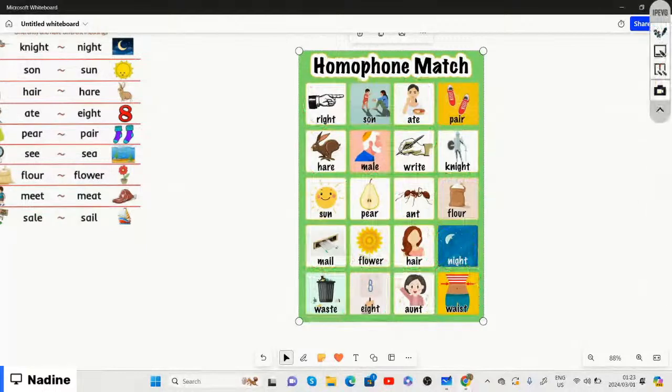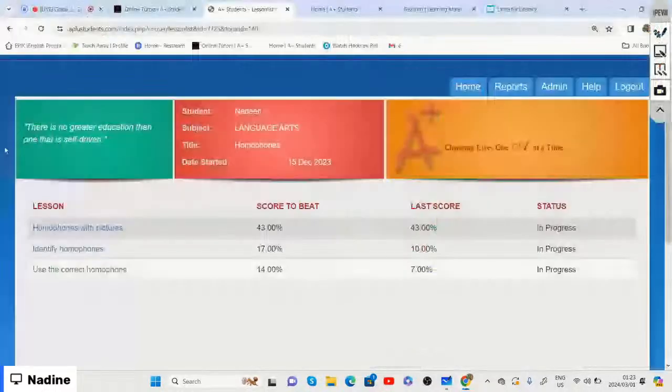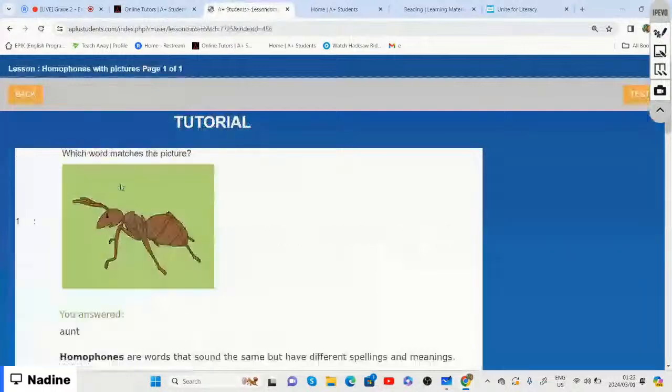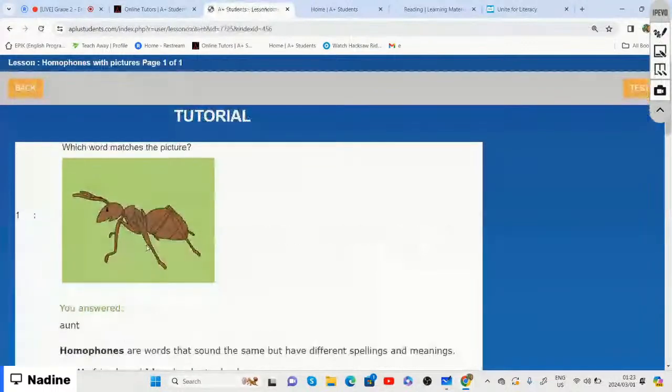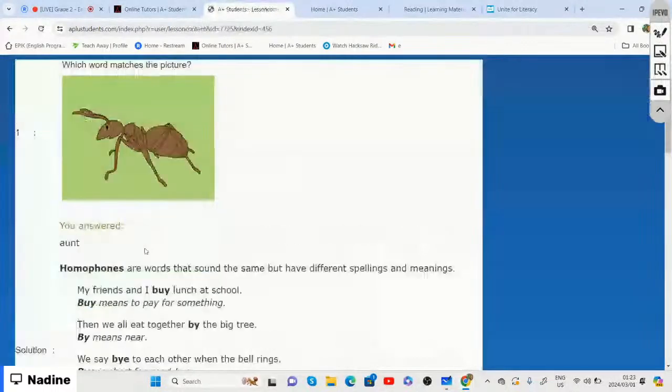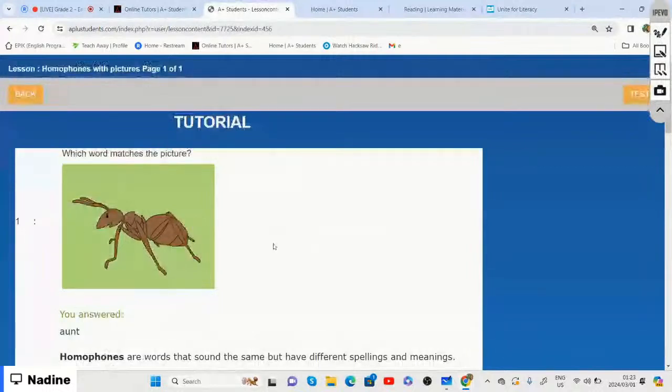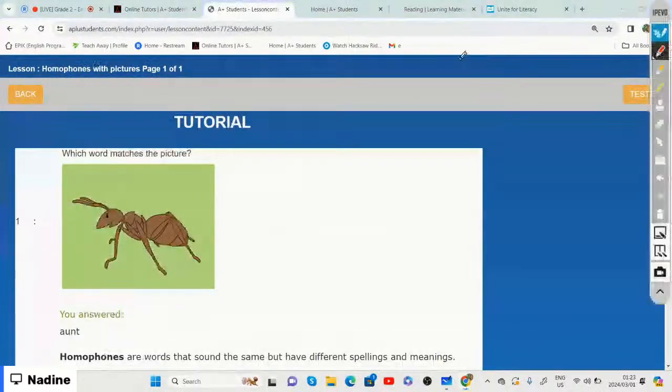All right, so now let's go to aplusstudents.ca. And we're going to look at homophones with pictures. We're going to look at the different pictures. And if we look at this picture, we need to choose the correct word, right? So this is an ant, right?